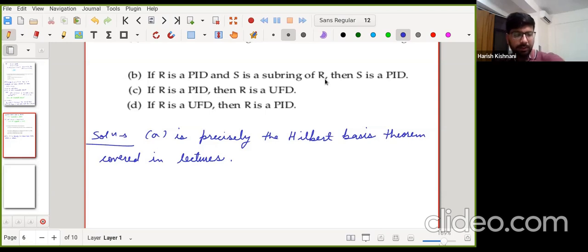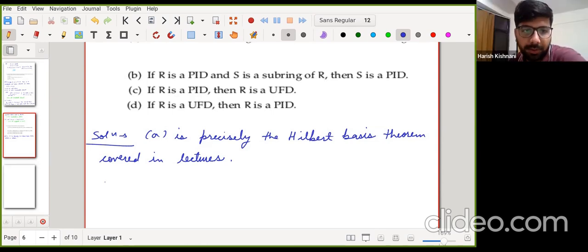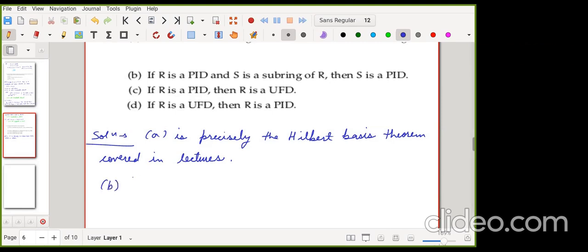Then what choice of ring can you take? Just tell me quickly what choice of R you can take. R is R[x] and S is Z[x].